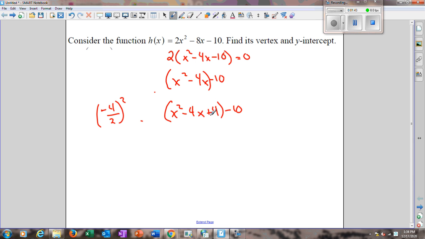And then since I added a 4 inside on this one, I have to subtract the 4 on the outside. So then here, because this was a negative 2 inside of here before I squared it, it becomes x minus 2 squared. And then this is minus 10 minus 4. So that gives me minus 14.